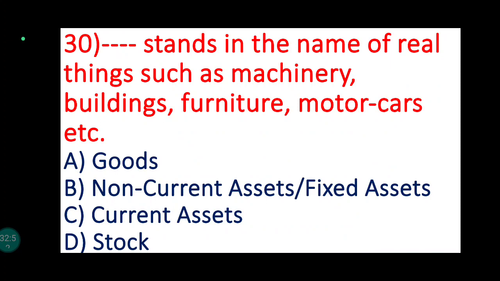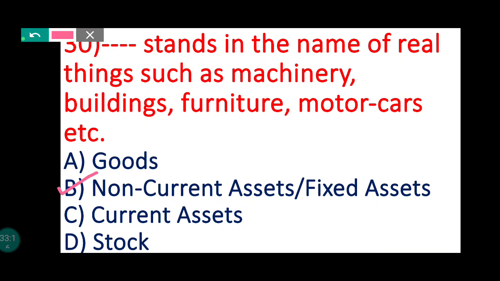Point number 30. Dash stands in the name of real things such as machinery, building, furniture, motor car, etc. Okay, so considering the options, it is very easy. Non-current asset, or we call it a fixed asset.